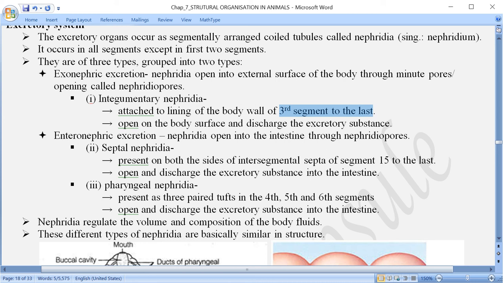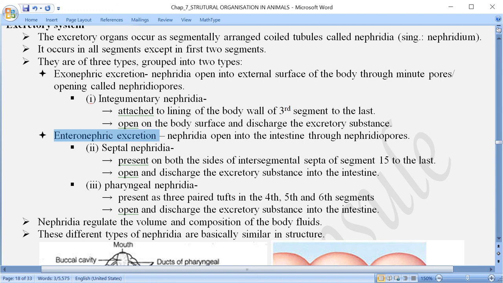They are attached to the body wall internally, not on the outside, and they open on the body surface, and whatever excretory material has been collected from the body is discharged on the body surface. So that is exonephric excretion, which is having one kind of nephridia, that is integumentary. The second one is enteronephric excretion, in which the nephridia opens into the intestine.